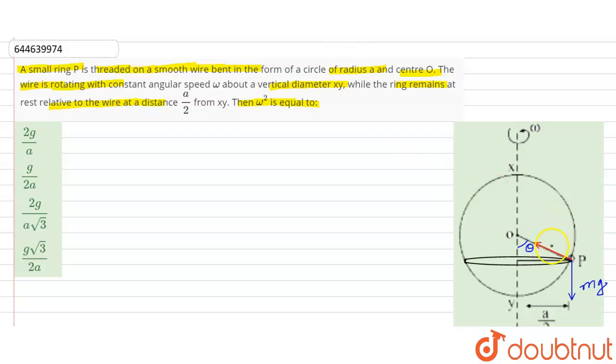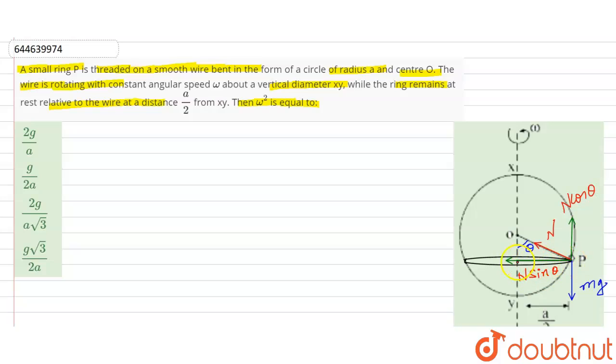So we can easily take the components of this normal reaction: this is N cos theta, and this is N sin theta.